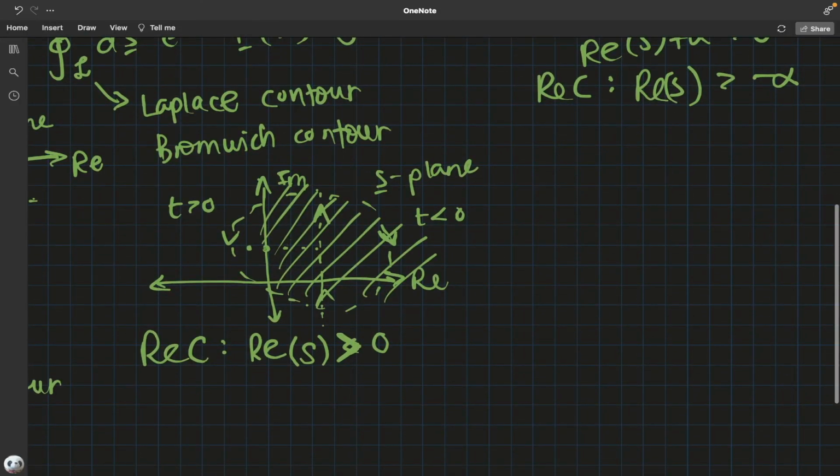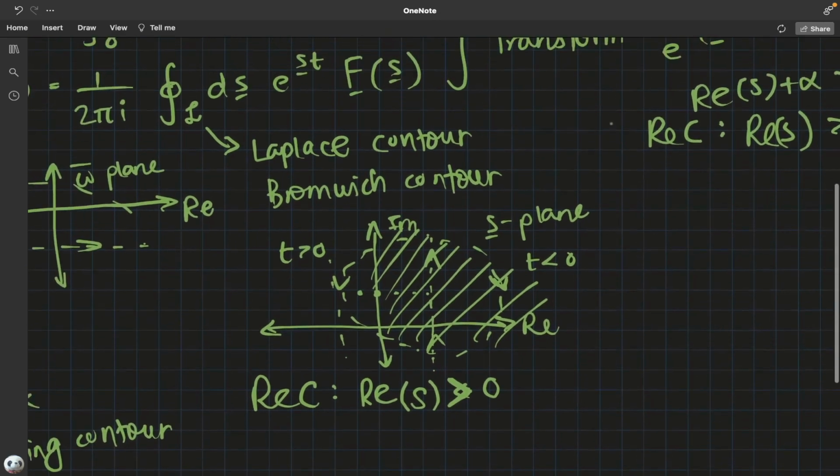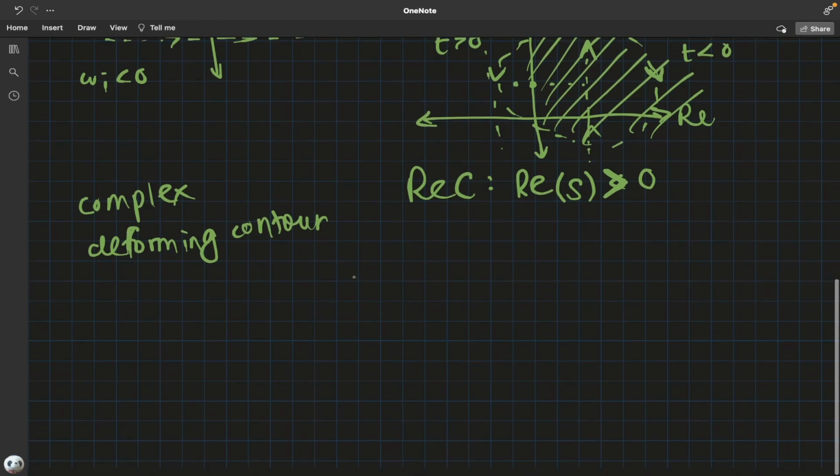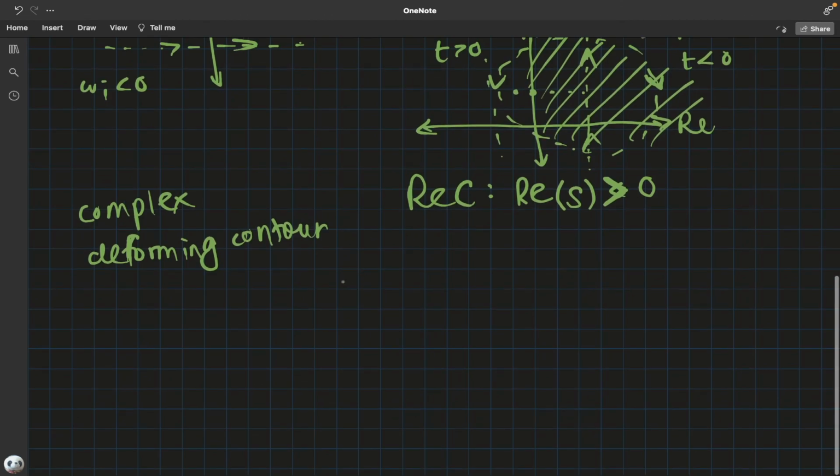So wherever negative alpha is, maybe here, there, doesn't matter, we just have to be a little bit ahead of it on the real axis because of this region of convergence. And we can be anywhere, it doesn't matter, because the closure is going to be a circle of infinite radius, so it will eventually encompass that residue point, that pole. So we don't really need to worry about it.